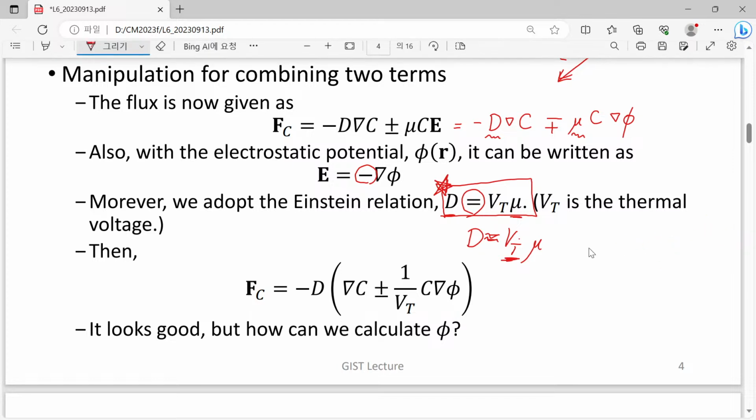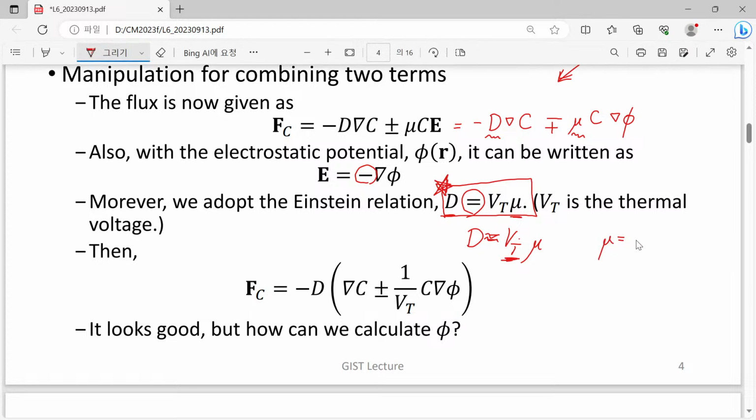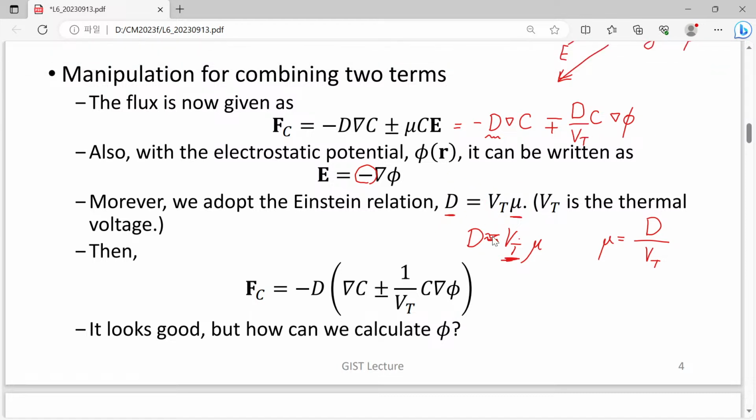Well, anyway, if we adopt this, then our mobility can be eliminated from our formulation. How can you do that? Just insert this form: mu is D divided by our thermal voltage. Then you will find that our form can be written this way: D divided by thermal voltage. Wow, then what happens? Now we have a common factor. What is it? The common factor D, diffusivity.